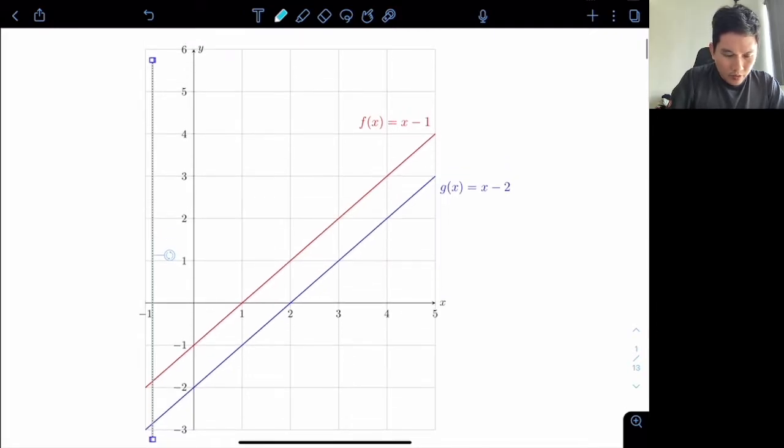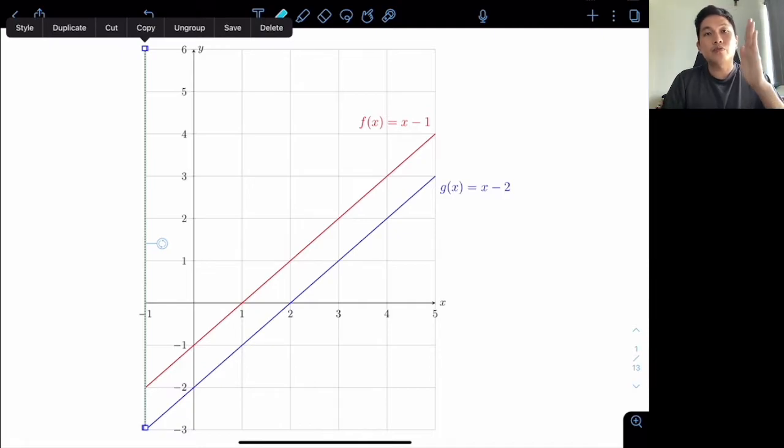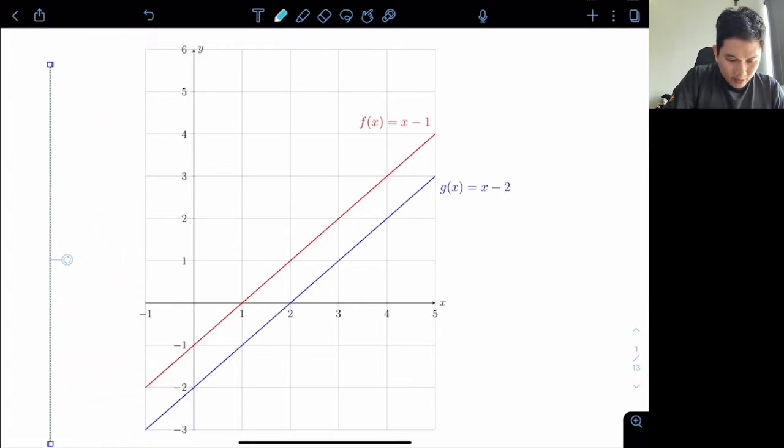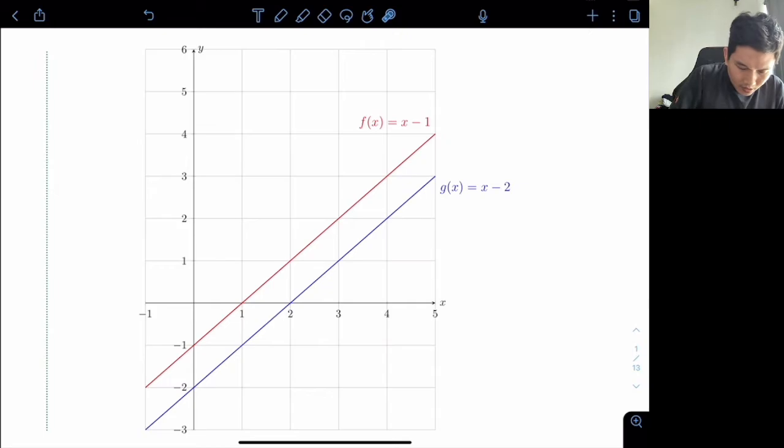So let's look at the y coordinates of the red and the blue graph as we move through x equals to minus 1, x equals to 0, 1, 2, 3, 4, so on and so forth. So as you can see, my dotted line is on x equals to negative 1 now. And if you look at that line, you will see that the red graph will have a y coordinate of negative 2.